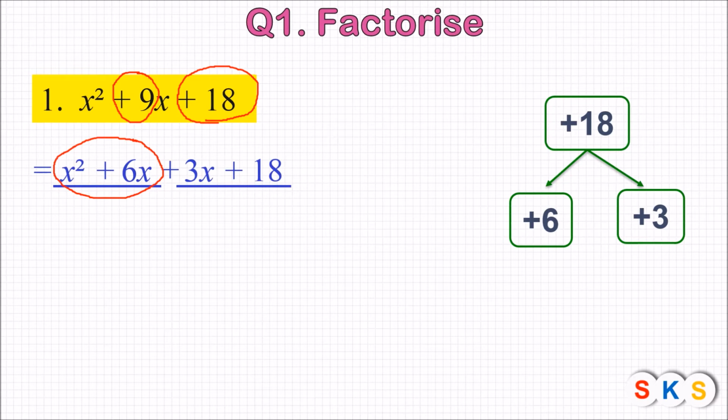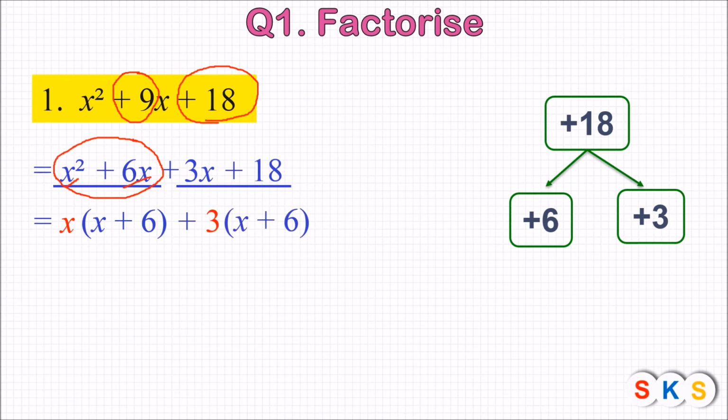So the common factor is x, because x squared means x into x, and 6x means 6 into x. So the common is x. What will be left in the bracket is x plus 6. Similarly, the common in the next group is 3, right? Because 3x you can write as 3 into x, and 18 you can write as 3 into 6. So the common is 3.